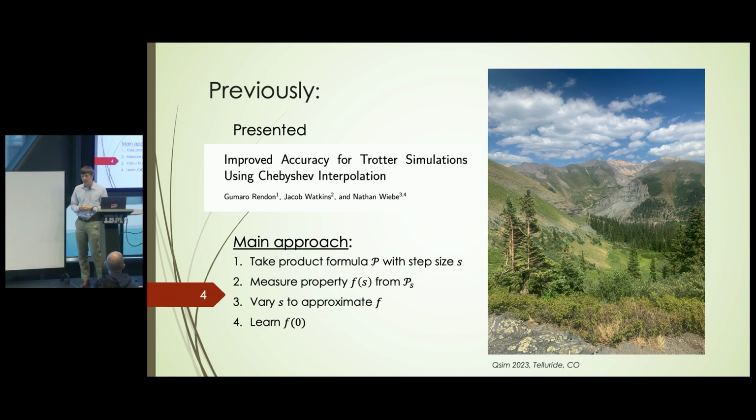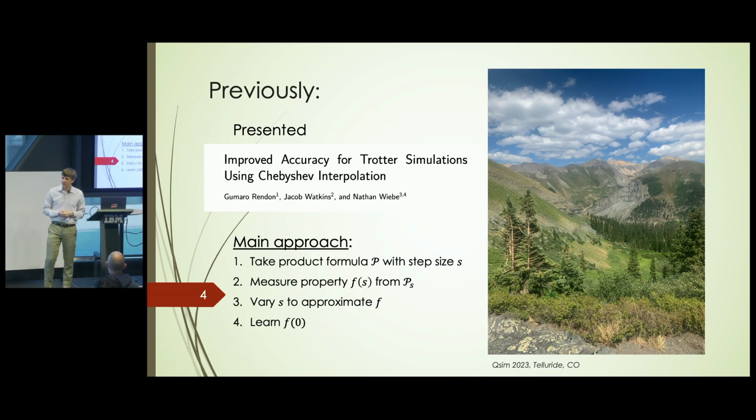So I'll give a bit of a high-level overview of this technique, but I'll describe it in more general language that suggests more of a general approach that you could take for these sorts of extrapolation techniques. So the idea is we have some product formula P that we're going to use to do some dynamical simulation. And regardless of which formula we choose, there is some accuracy parameter at play.